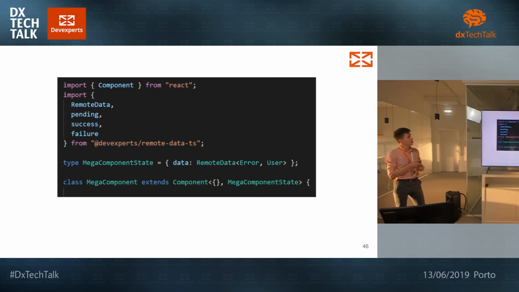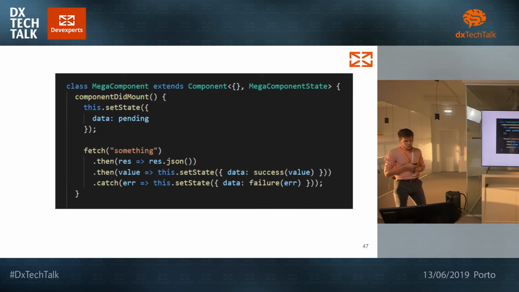And how do we load data? Almost the same as we used to, but now when we start loading data, when we mount our component to the DOM, we set our data property to be pending.